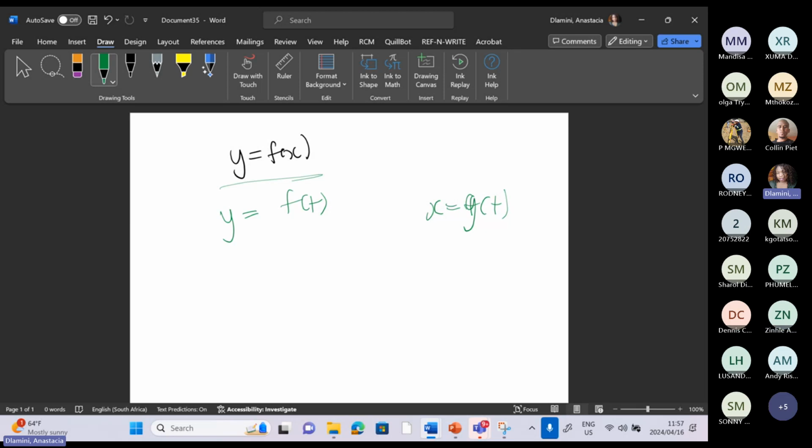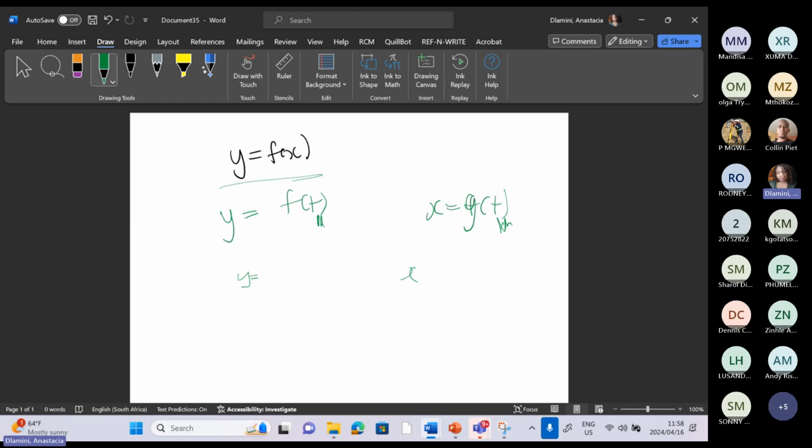Any value we give t will produce a pair of x and y. So if we choose t equals 3, then we'll get a y value after substituting t and an x value after substituting t. Now the third variable is called the parameter, meaning that this t is called the parameter.